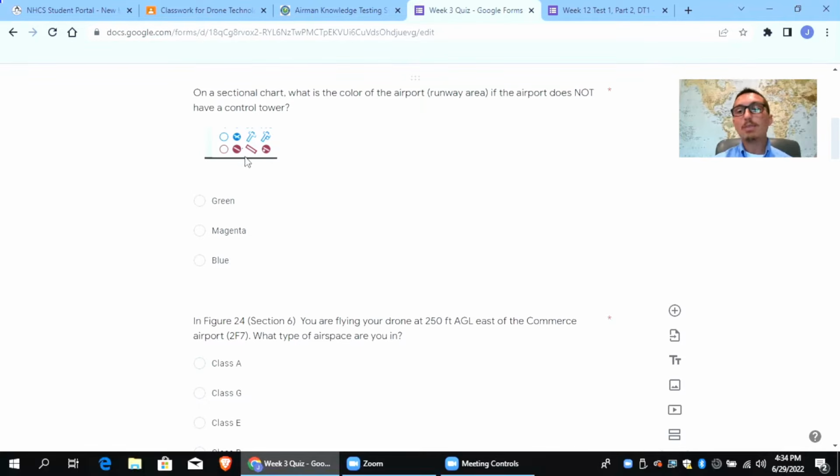If it's in magenta, it means that if you're a pilot landing in that airport, it's probably a smaller airport. Actually, it is a small airport. It's going to be an Echo airport. And you're going to probably have to use something like CTAF or some other radio communication like Unicom in order to communicate with other pilots so they know you're landing, or you know they're landing, so you don't run into each other. If it's in blue, then air traffic control is going to communicate with you.